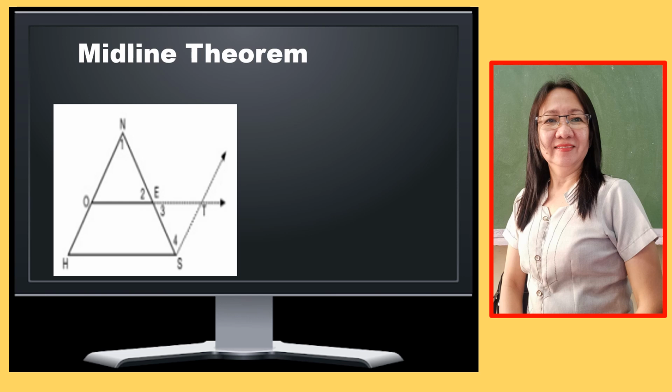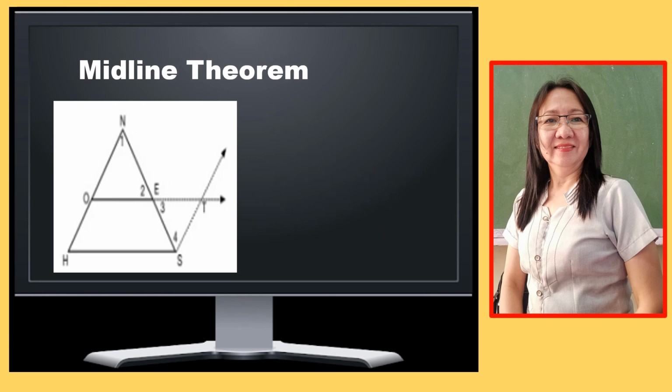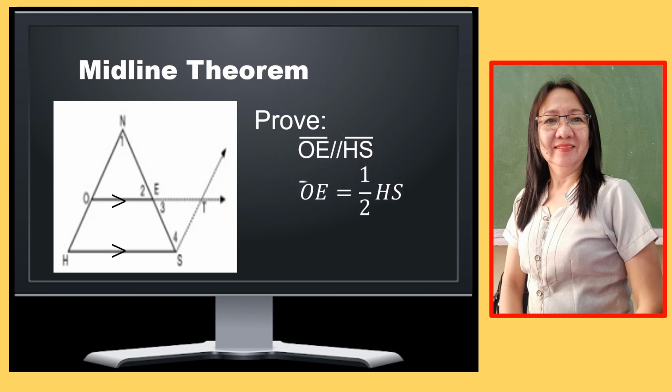Observe that we have triangle HNS. In the triangle, point O is the midpoint of segment HN, and E is the midpoint of segment NS. We are going to prove that segment OE is parallel to segment HS, and also that segment OE is 1/2 as long as segment HS.